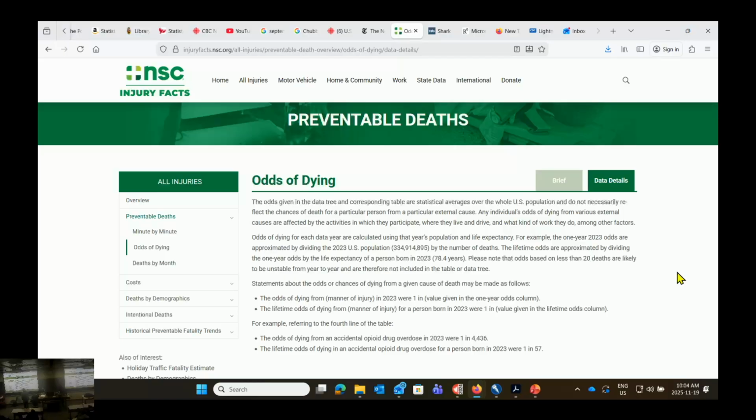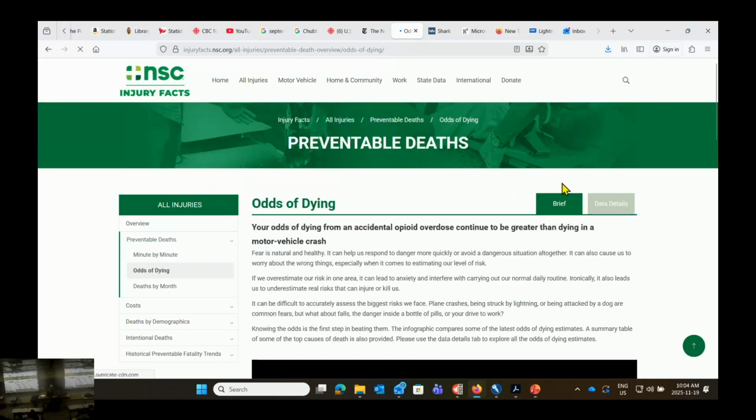And then they would have multiplied by the 78 years lifetime expectancy. Although we have to think that a lot of young children aren't on opioids. Anyhow, it's kind of rough where they got some of these numbers, but nonetheless, they are things to think about.